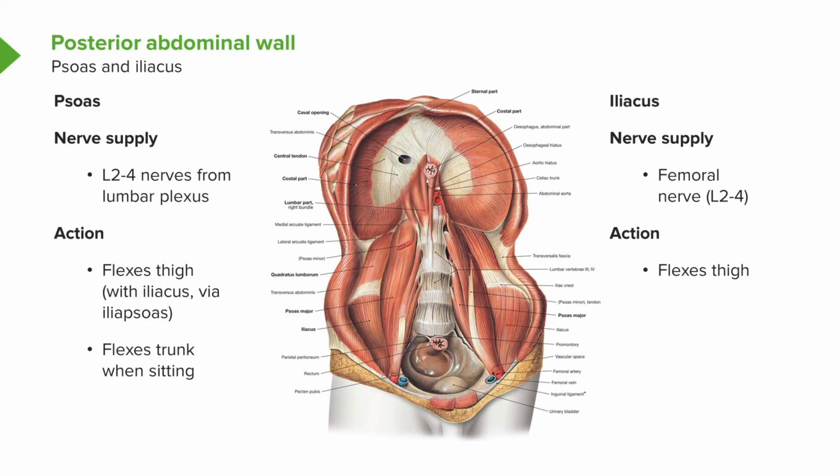The nerve supply again is via the femoral nerve L2, L4 from the lumbar plexus, and the action is really just to flex the thigh. Because of its position on the pelvis and not running up into the vertebra of the posterior abdominal wall, it primarily flexes the thigh, whereas the psoas part of iliopsoas also helps to flex the trunk.